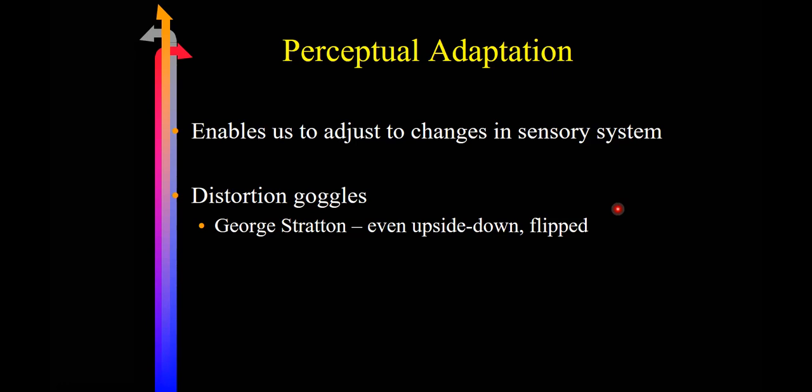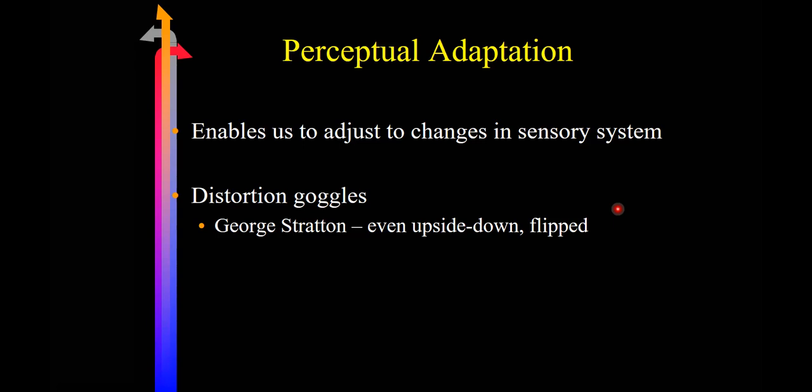He got some students to do this for extra credit, and the goggles actually caused images to invert and be upside down. When the students first put on the goggles, they had a lot of trouble. They literally had to have people lead them around because it disoriented them so badly. But after wearing them constantly for several days, they were able to function normally.